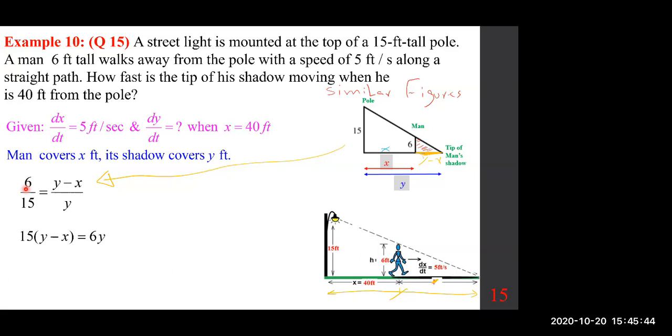So when we go through the process, this is 15y minus 15x equals 6y. You subtract 6y and move the negative 15x, and that's what we get: 9y equals 15x, y equals 5/3 x. Now, dy/dt is 5/3 dx/dt.